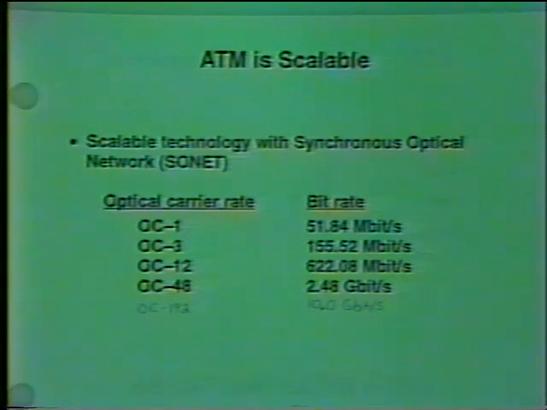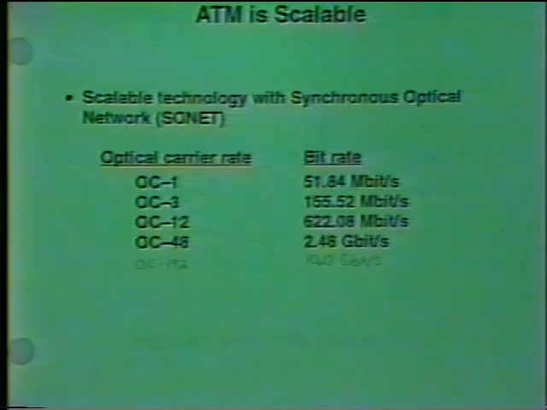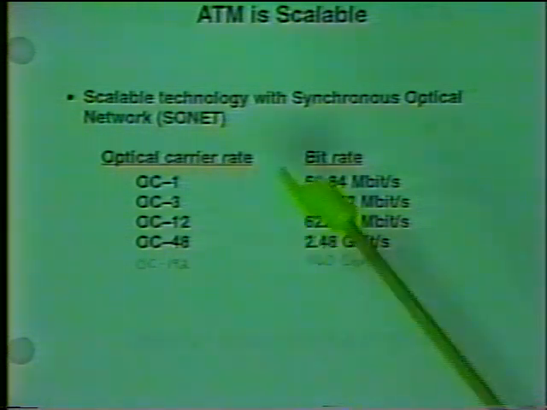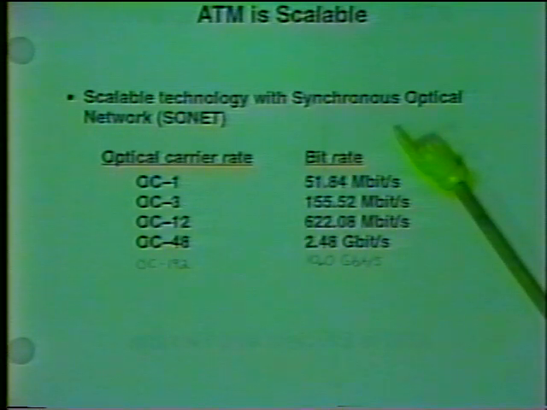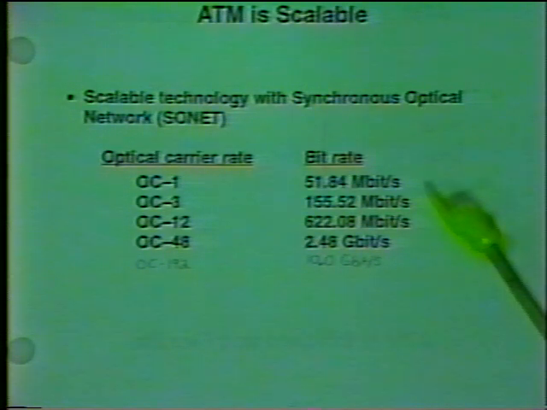I mentioned that ATM cells will be transmitted across SONET. This was the target network defined by those standards committees, and this network is very scalable also. We have several transfer rates available on SONET, and not all of them have been developed yet.